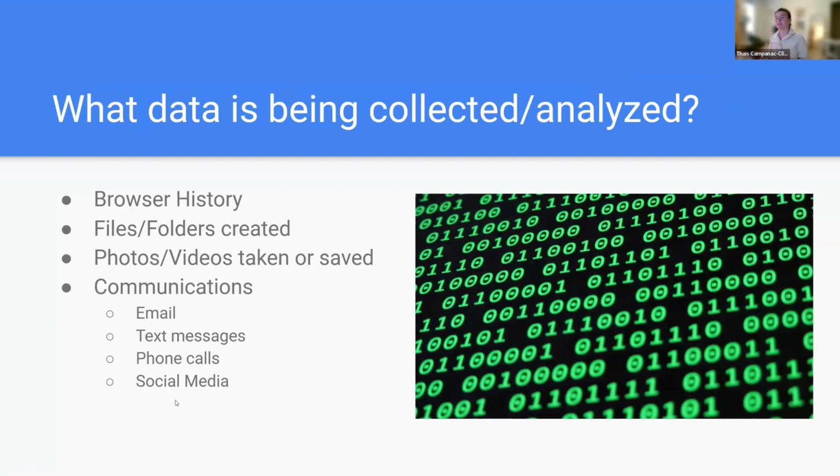We have browser history, files and folders created or deleted, photos, videos taken, saved, sent, deleted, and any form of communications: email, text messages, phone calls, and social media, what happens during those interactions and what we can collect during those interactions.